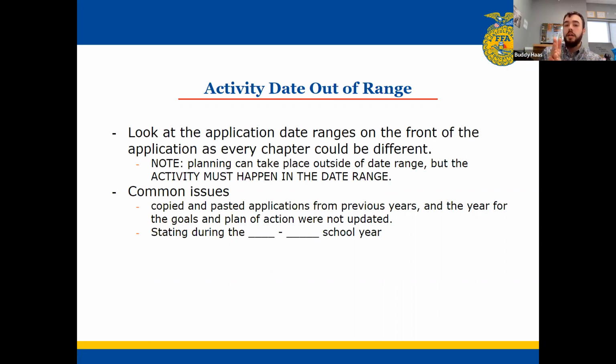And so the idea becomes, depending on how that activity is worded and how it's written, that could potentially be an activity date out of range if they're truly talking about the entire school year, but then they're starting it as a calendar year type part of it there. So those are just some common things to be on the lookout for activity date out of range. The most common one is not changing years from previous applications.